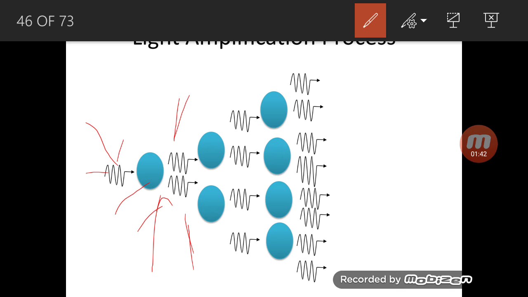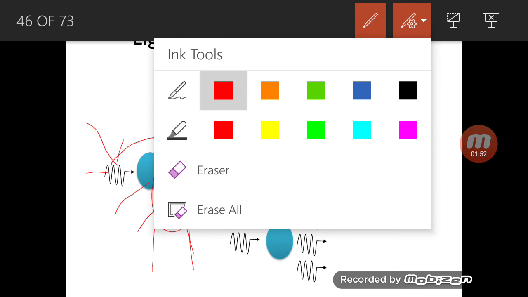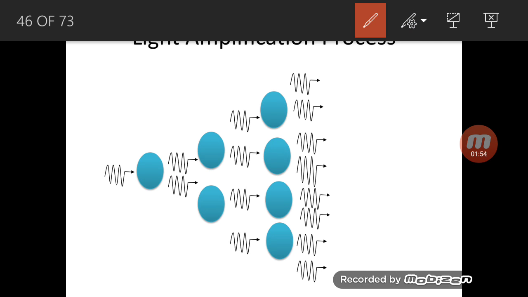Though these are two photons obtained from the first stimulated emission, we can use them to stimulate other atoms in the excited state. Now I will use these two photons to stimulate the atoms in the excited state, thereby getting four photons, that is two from the first atom and two from the second atom. Likewise, I get four photons from only one.